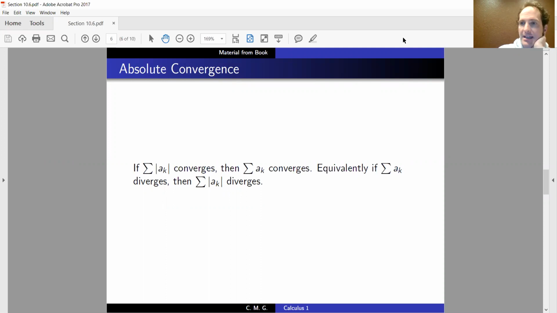So those go hand in hand. Notice what we are not saying here: the sum converges does not imply the sum of the absolute values converges. So you have to be very careful about this. The sum diverges means the sum of the absolute values diverges. The sum of the absolute values converges means the sum of the actual terms converges.